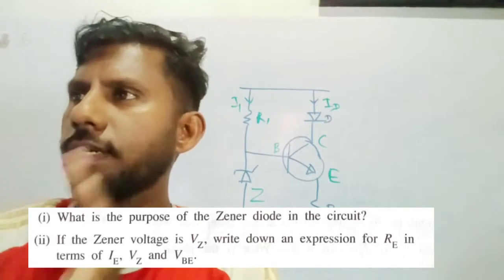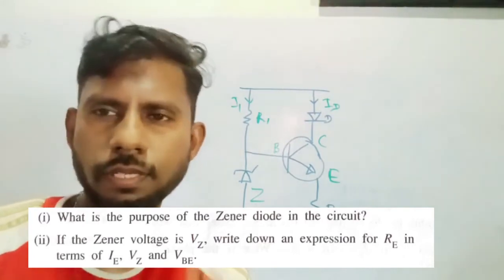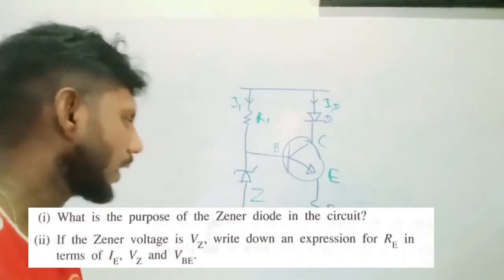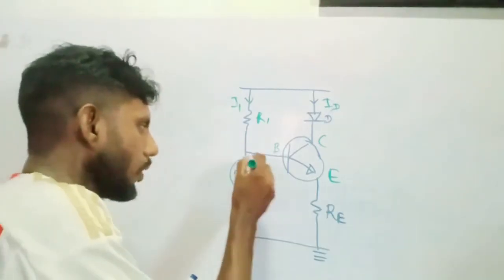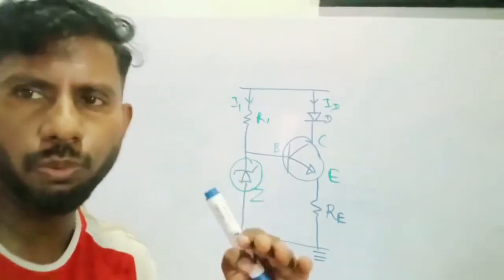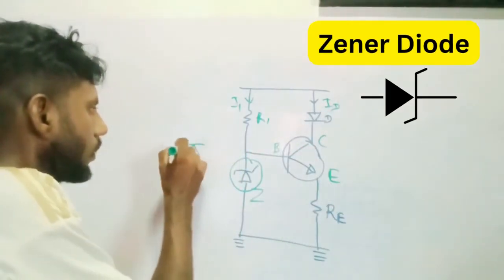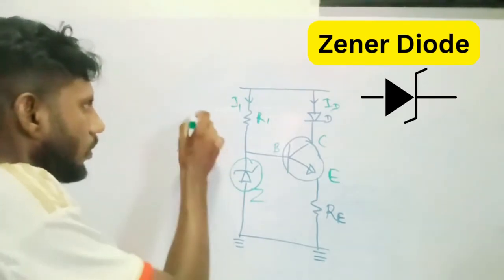Initially, they're asking what is the purpose of the Zener diode in the circuit. Students, a Zener diode is actually used to control the potential difference across it.